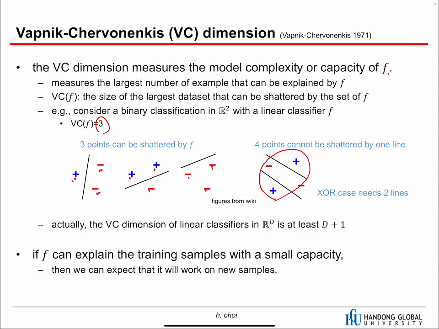Actually, the VC dimension of linear classifiers in the d-dimensional space is at least d plus 1. If F can explain the training samples with a small capacity, that's a good thing. We don't want to increase the model complexity if we can explain the data samples with a simple model.